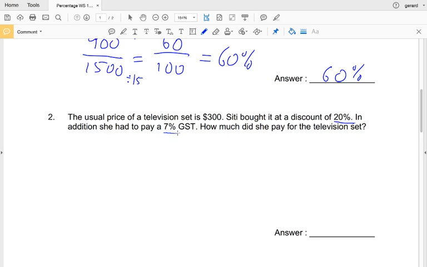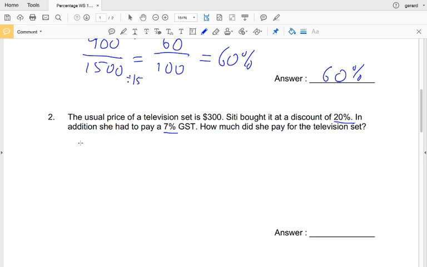Now, one common mistake people like to make is they take 20% minus 7%, you get 13%. Then they use 13% and figure it out using the $300, but that is wrong. I'll explain it to you in class, but just know that you have to do it separately. Do the 20% first, then do the 7%.